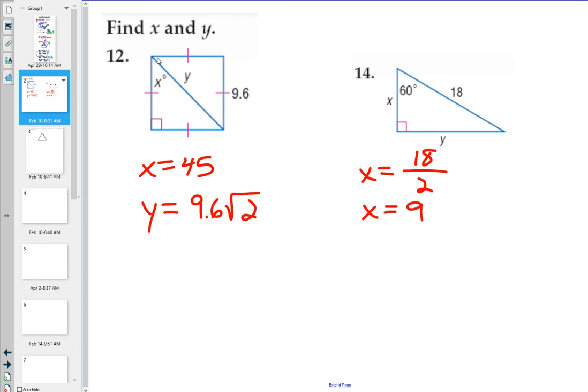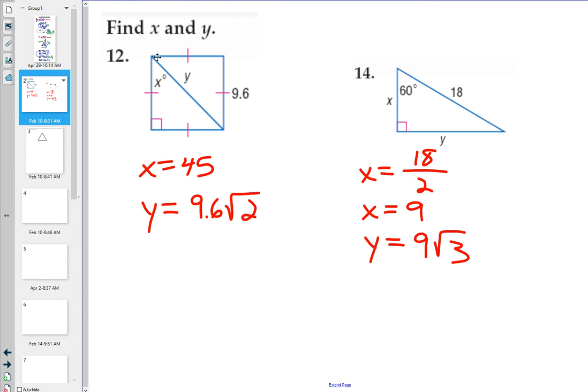How do I go from short leg to long leg? Multiply by square root of 3. So y equals what the short leg was, which is 9, times the square root of 3. Done. Anything else that we could do would involve rounding. We don't want to round, so we're done. Easy peasy, lemon squeezy.